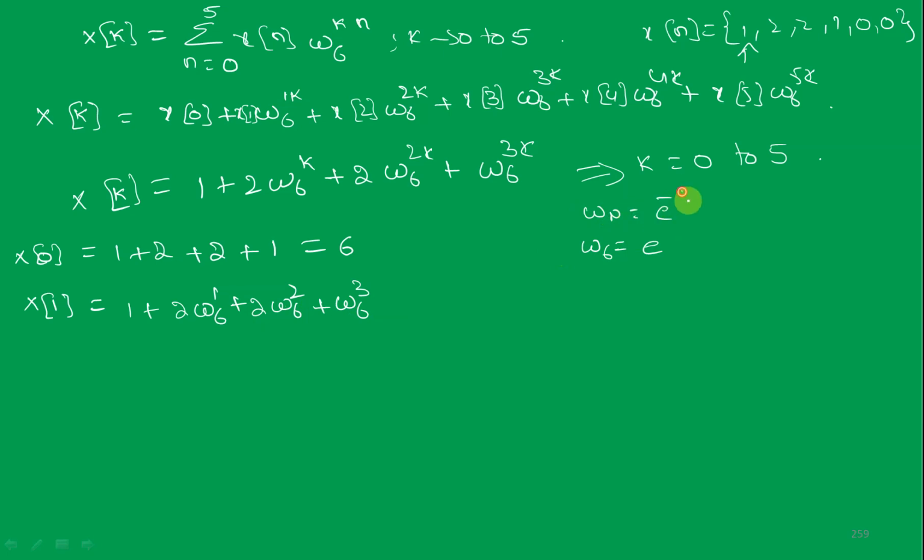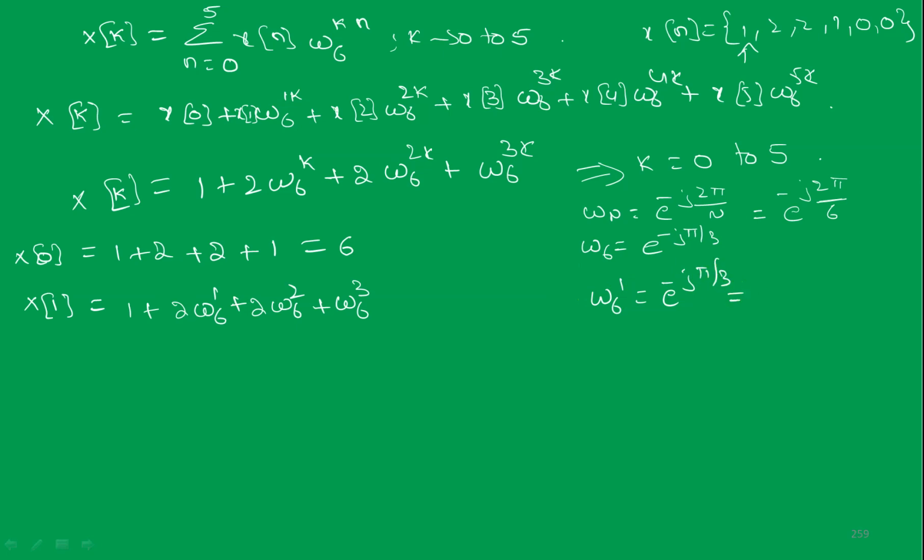E power minus j 2 pi by N. That means e power minus j 2 pi by 6, here N is equal to 6. That means e power minus j pi by 3. Okay, right. So now substitute W6 power 1 means e power minus j pi by 3.